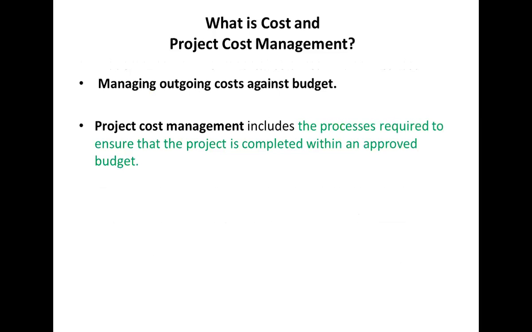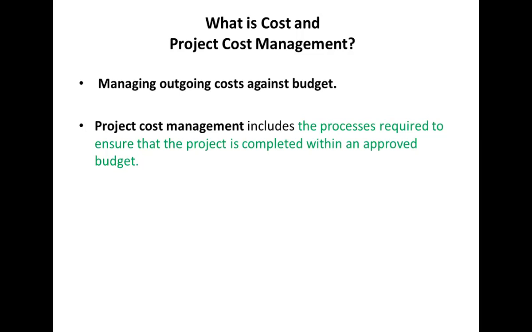So what is cost first? What is cost management? Cost is the amount of money we need to spend on a particular activity completion. So what's cost management? Cost management is managing outgoing costs against the budget.